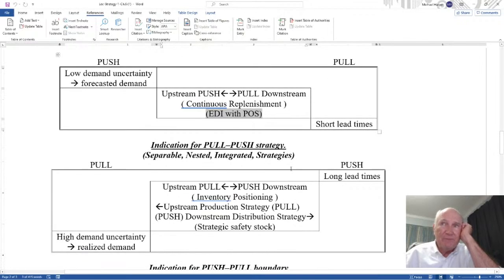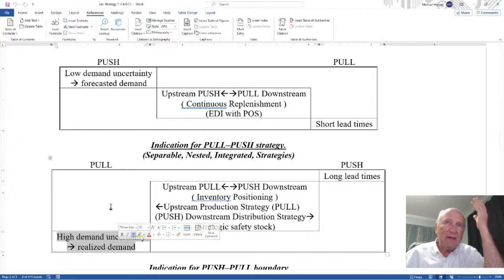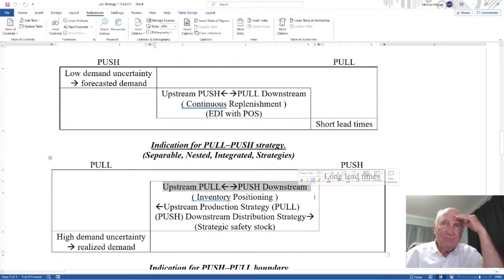But on the other hand, if you have long lead times downstream, that implies a push system. But if you have high demand uncertainty, that's realized demand, more of a pull system. So there you have upstream pull and downstream push. So you have a pull-push system. Well, it doesn't happen as much, but it certainly happens.